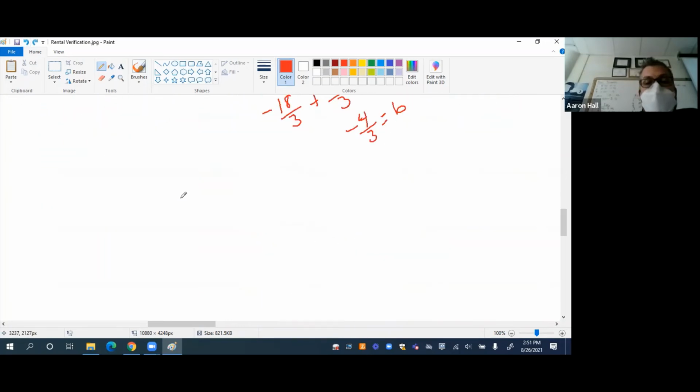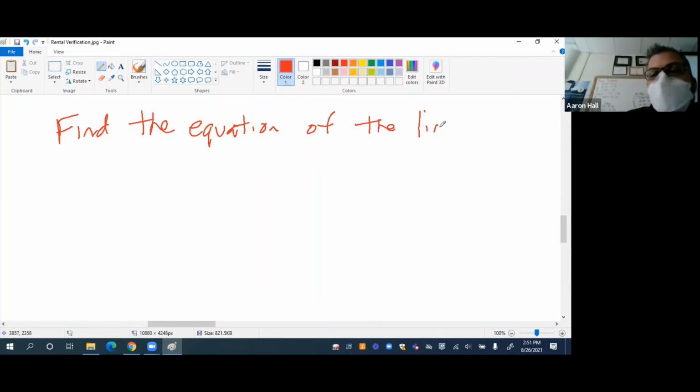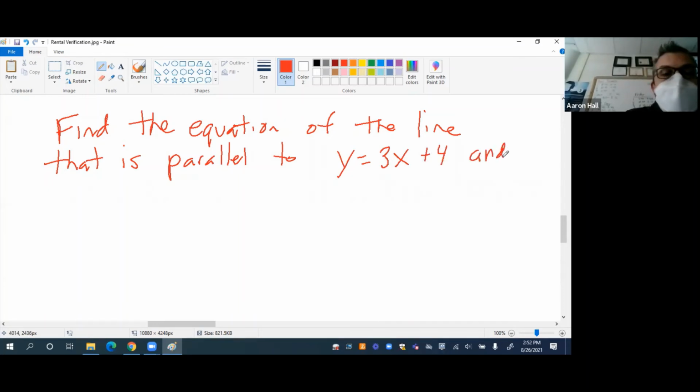Now, there's another important thing that we haven't talked about. I want to find the equation of the line that is parallel to y equals, I don't know, 3x plus 4 and goes through 2 to -7.